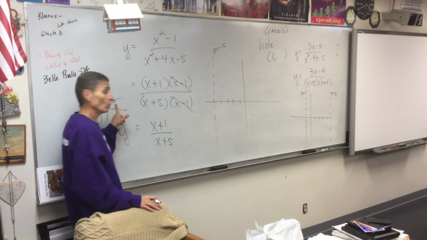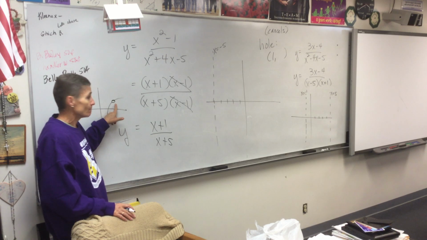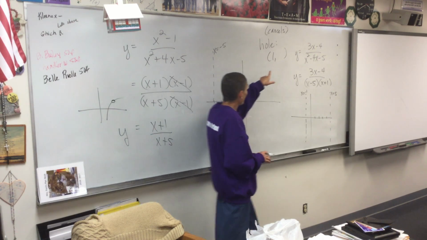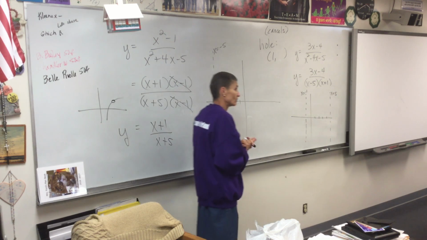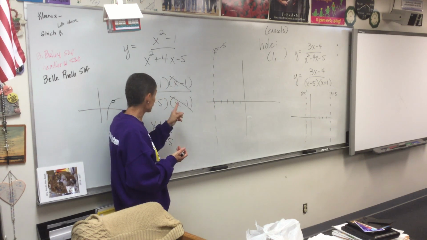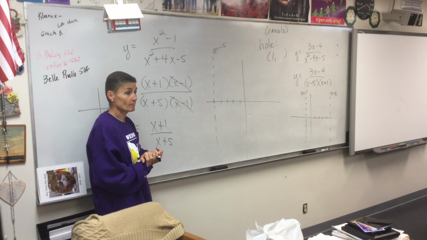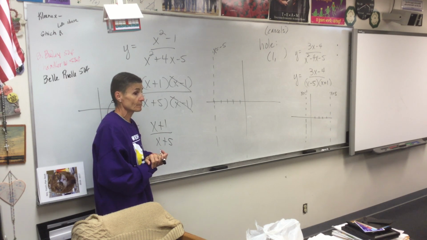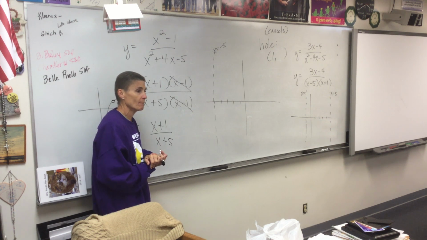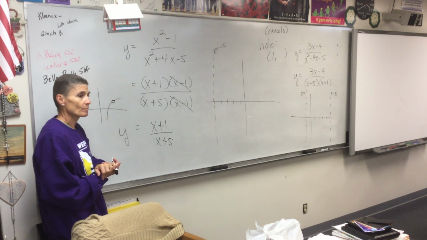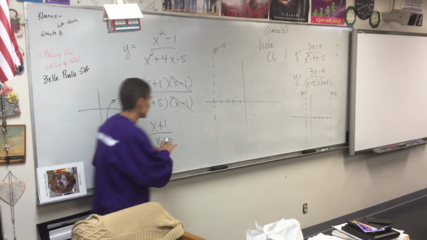Now, the hole is a point, which means I need a y-coordinate in order to plot it, right? How do you think I'm going to get the y? If I know that x is 1, how do you think I'm going to get the y-coordinate? Plug it back in. And Marissa, where do you think I'll plug it back in? Well, that is a different problem.